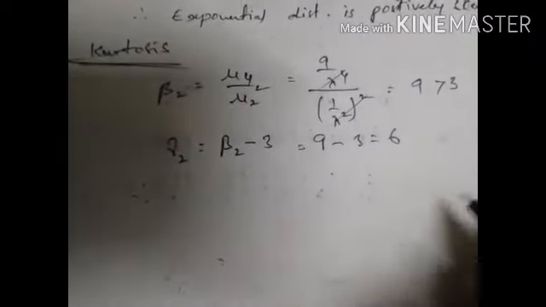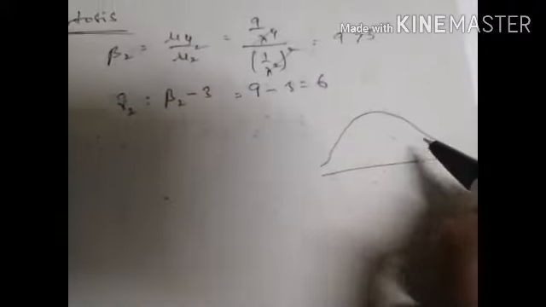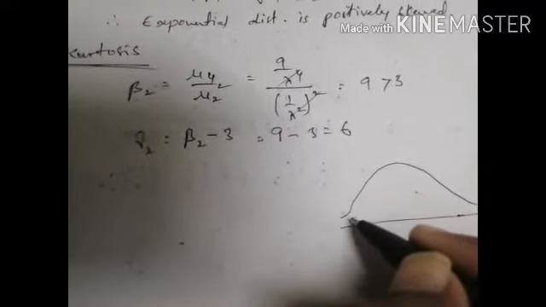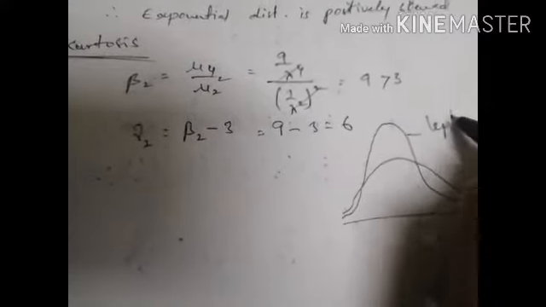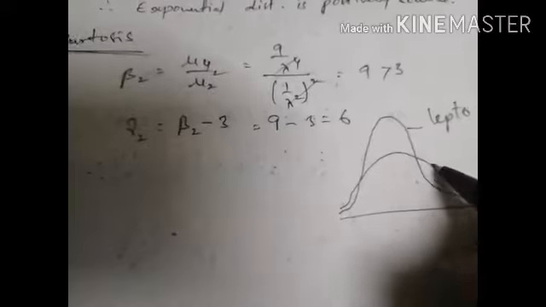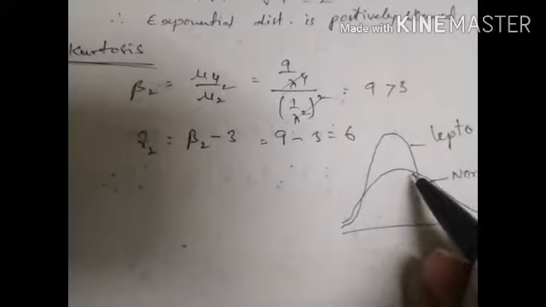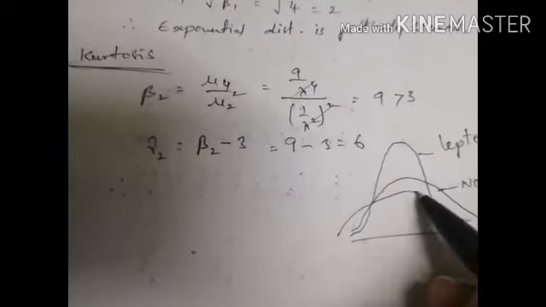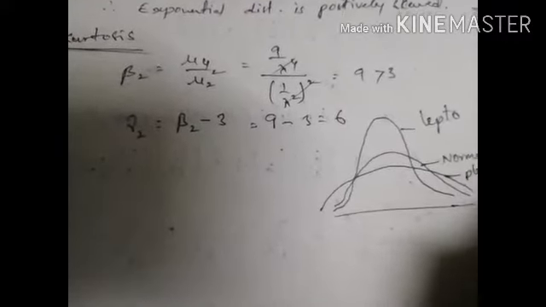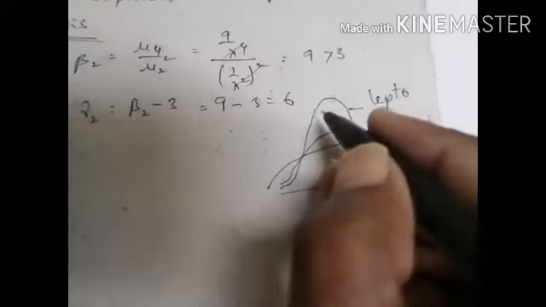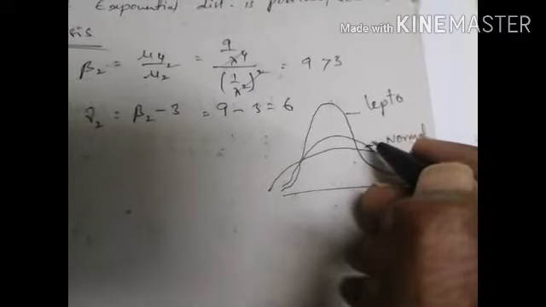How to find? These are the curves. This is the normal curve. This is the leptokurtic curve, and this is the platykurtic curve, right? So for the normal curve, beta 2 is equal to 3.